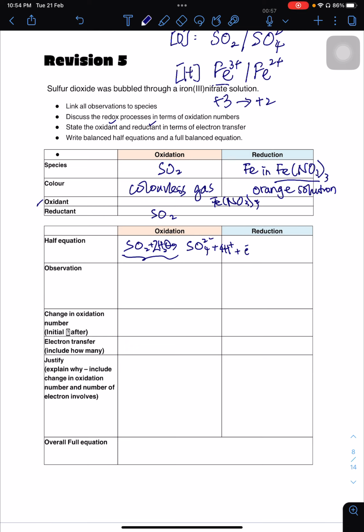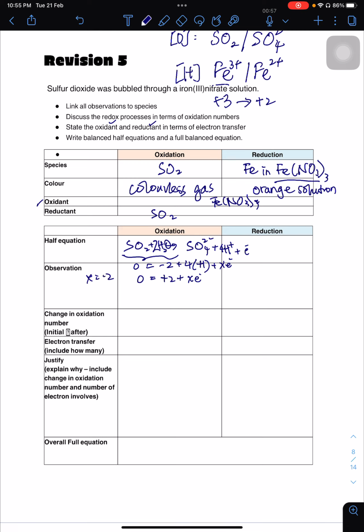On the left-hand side, that's 0, they are both molecules. And on the right-hand side, you have sulfate as -2 plus 4 times +1 plus X electron. So you can see that we now have +2 plus X electron, and that means the X is -2.